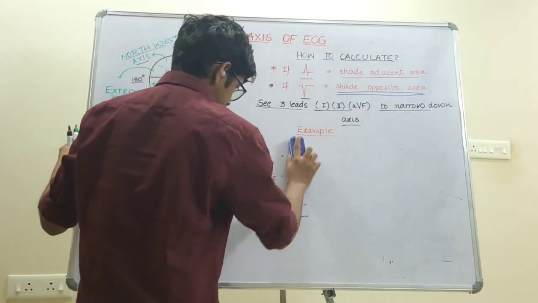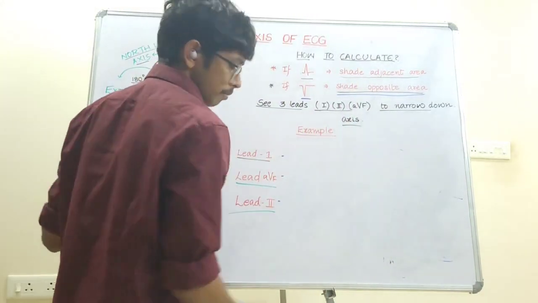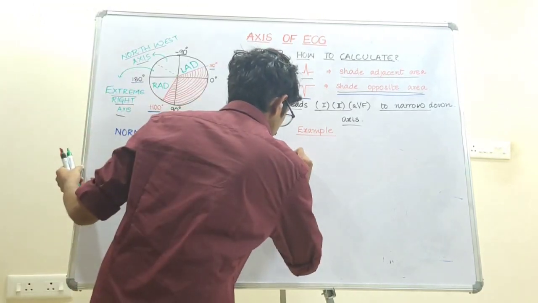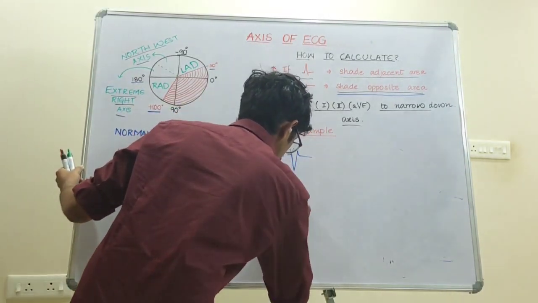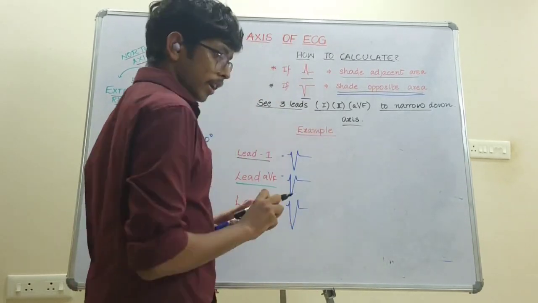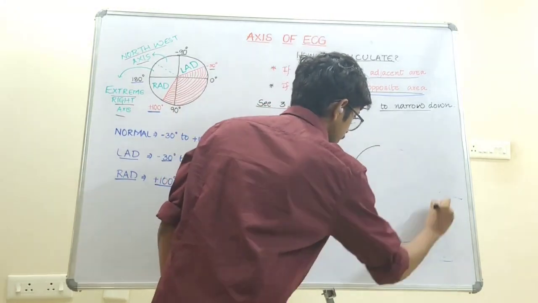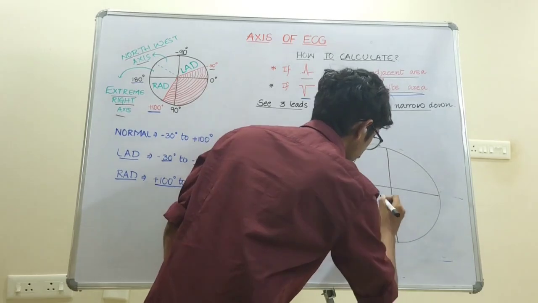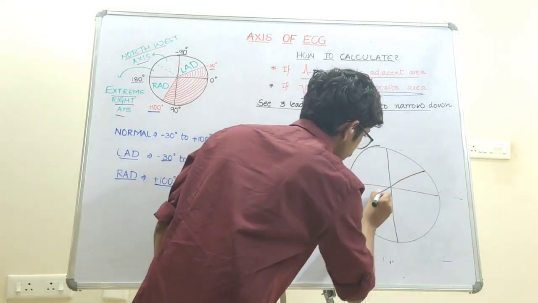Imagine all these three waves are negative. How to calculate the axis? First of all, you have to draw a circle. Then draw perpendicular lines to all these three leads.